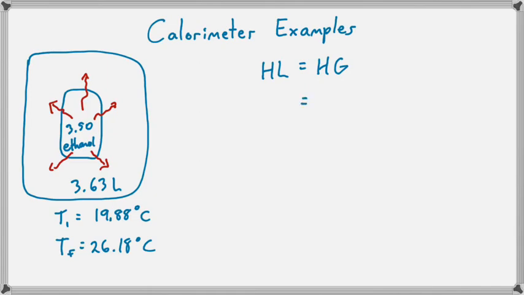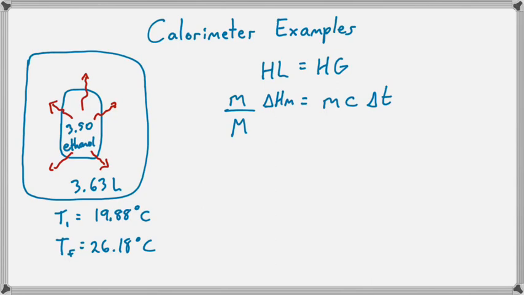So I'm going to expand that side all the way out to mc delta T. On the heat lost side, the chemical reaction, they've given me the mass of the fuel, not moles. So I'm going to need to use mass over molar mass times delta HM is equal to mc delta T.